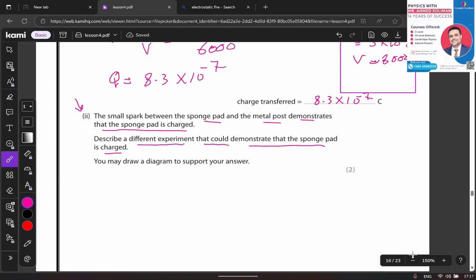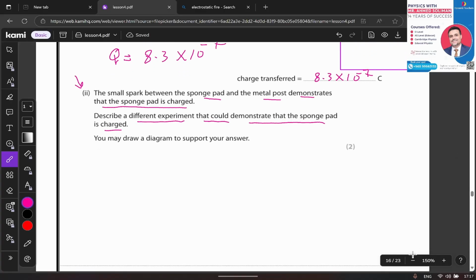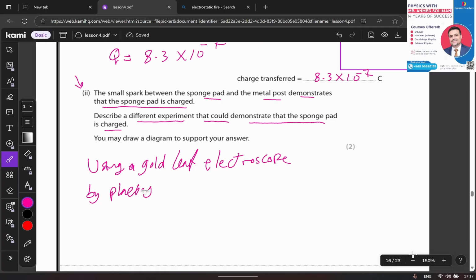We'll use a gold leaf electroscope, by placing the sponge pad near it. If the leaf repels, the pad is charged.